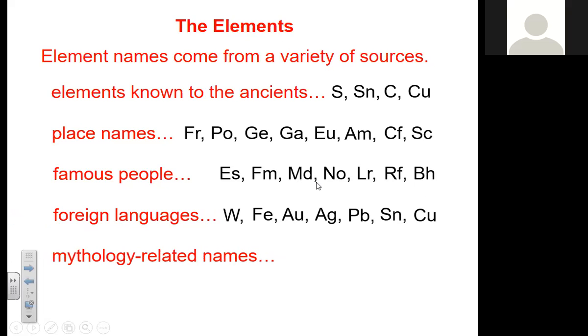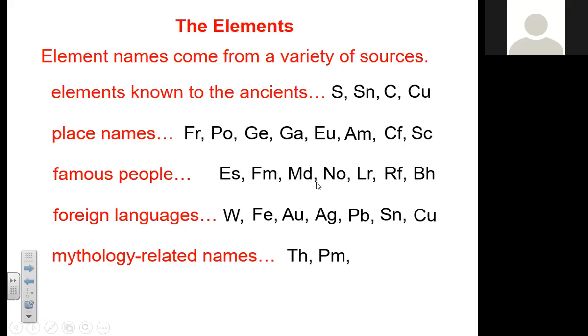And then every once in a while you get some mythology related names. That's kind of fun. Yeah, Th is for Thor. Thorium, depending on who you talk to, but named for Thor. Anybody ever heard of Prometheus?